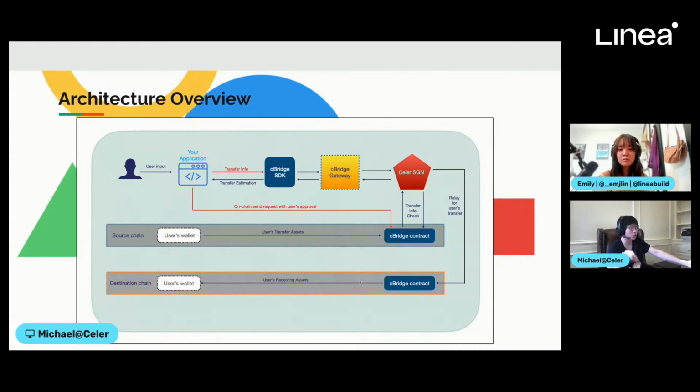The cBridge contract on the destination chain validates all those validator signatures and releases the assets on the destination chain. So that's a 30,000-foot view of how this entire thing works.